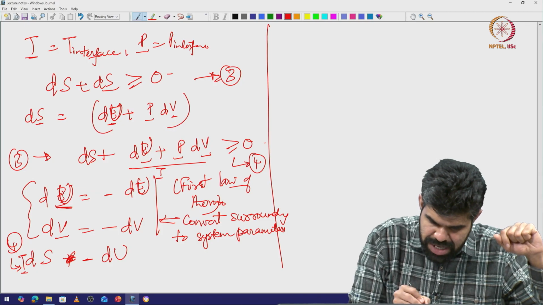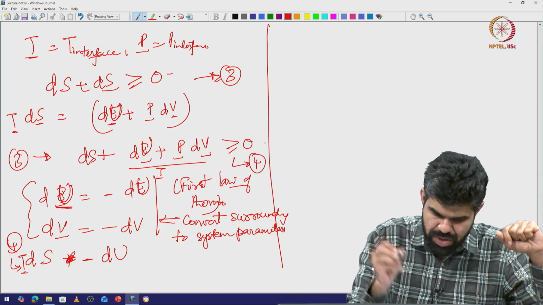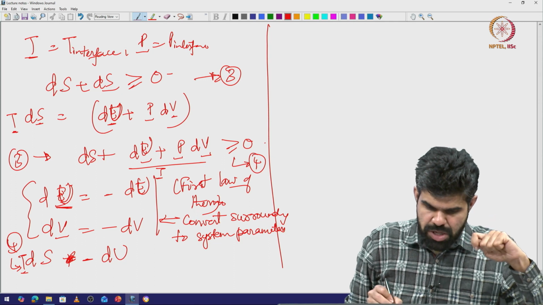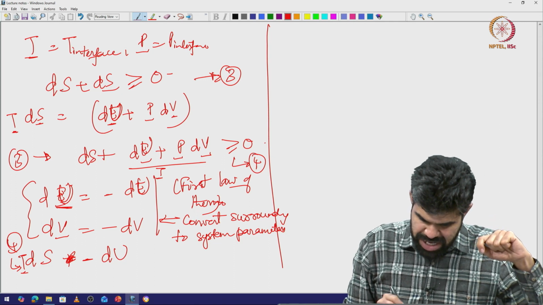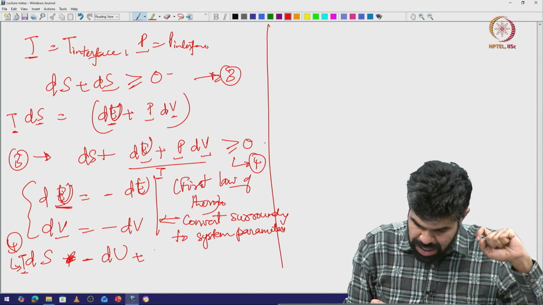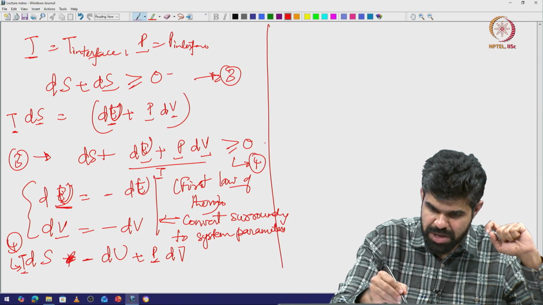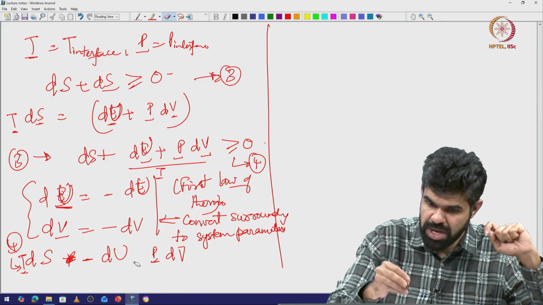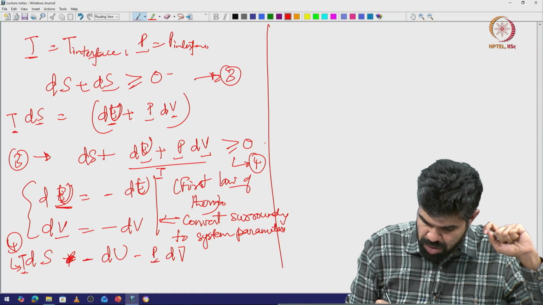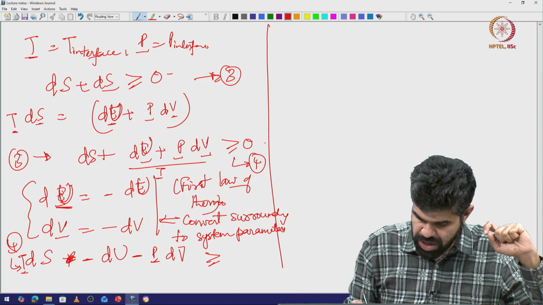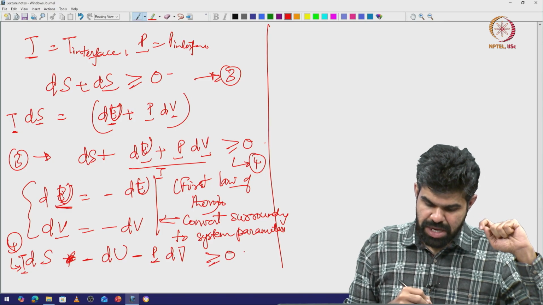This is 1 by T bar or T ds equal to this. Okay. So T ds minus du plus p of surrounding dv, but that plus also becomes a minus because now I am going to use the volume of the system, not the volume of the surrounding, is greater than or equal to 0. All right.